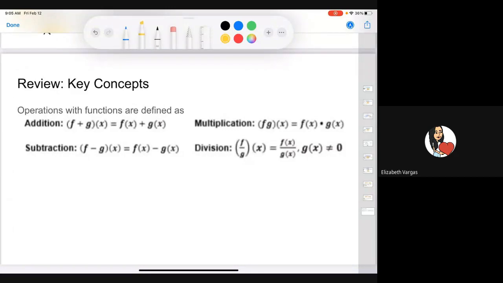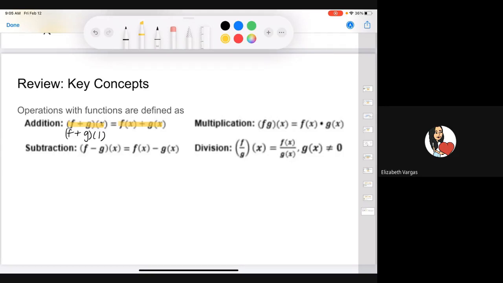So whenever we get something that looks like this, and say instead it had a substituted value of one, according to these operation rules, what I would have to do first is find what my equation is as a result of adding f of x and g of x together, and then I would plug one in. I can't just go about plugging one in automatically.